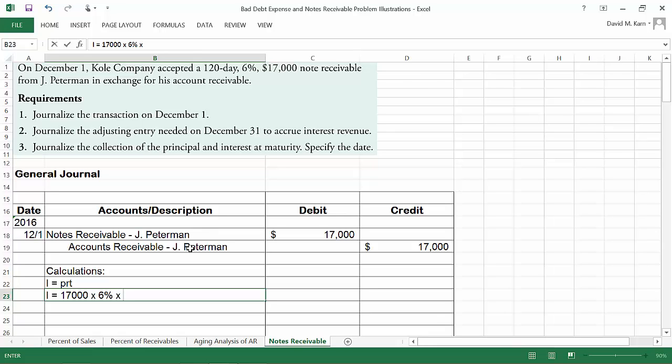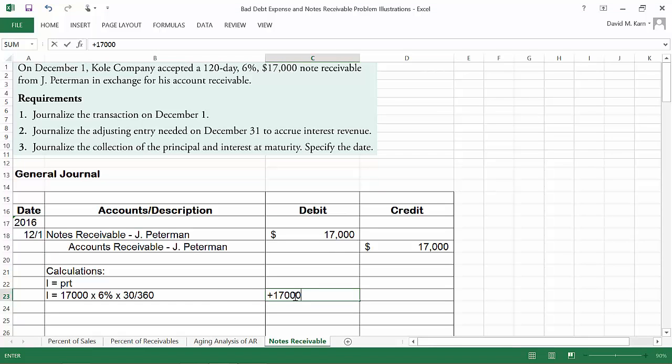Now, remember, we always use 360-day years in this case. So we see that from December 1st through December 31st, we have 30 days out of 360 have elapsed. So when we do that calculation, notice that we would take 17,000.